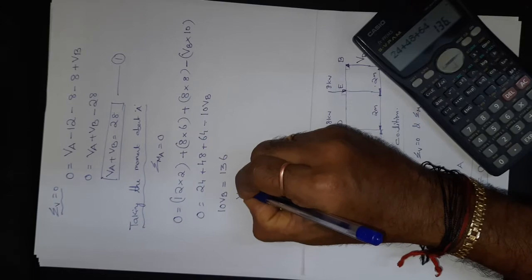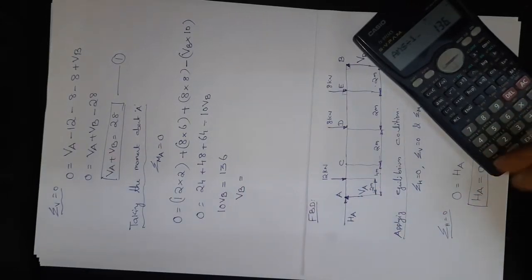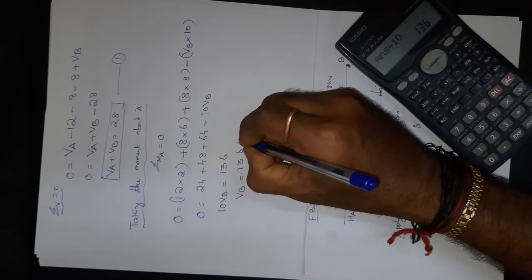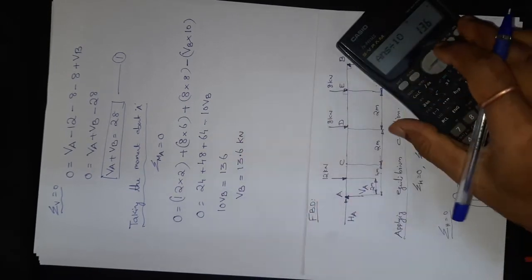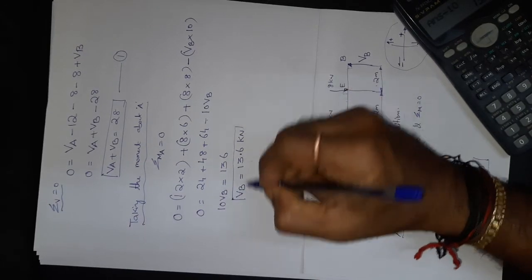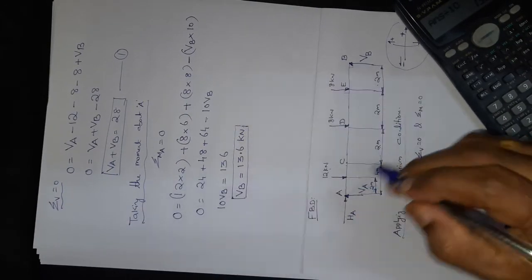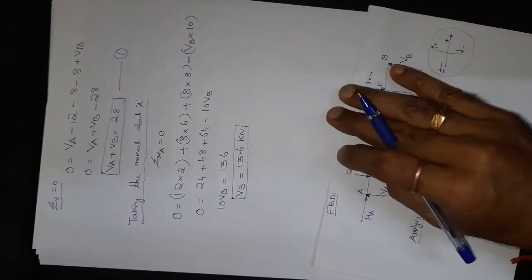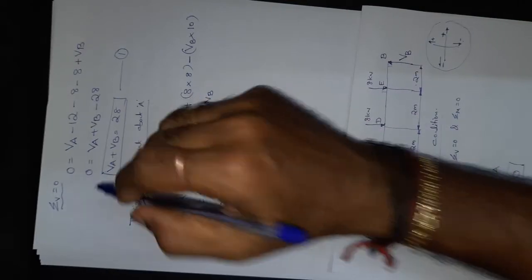So therefore VB equal to 136 divided by 10, which is 13.6. The unit is kilonewton, right? Because all the forces are in kilonewton. So now let me substitute this VB value in equation number 1 in order to get the value of VA.